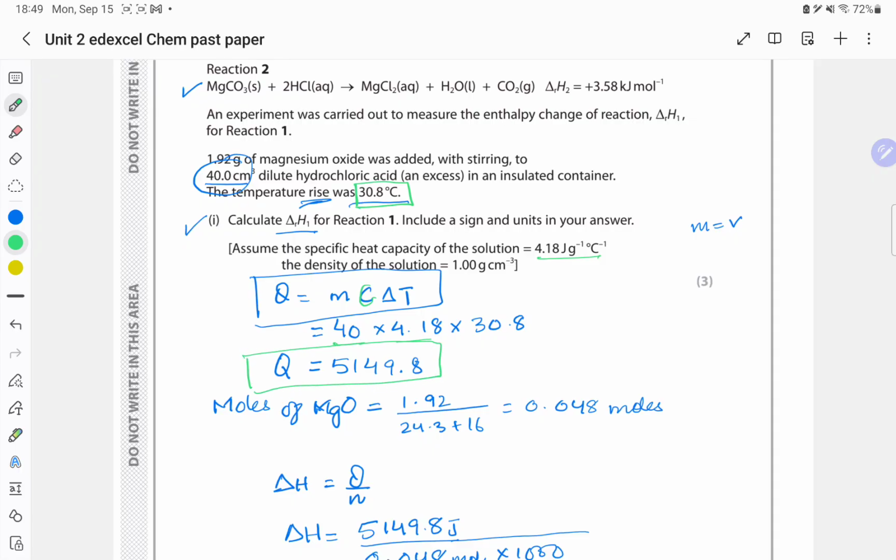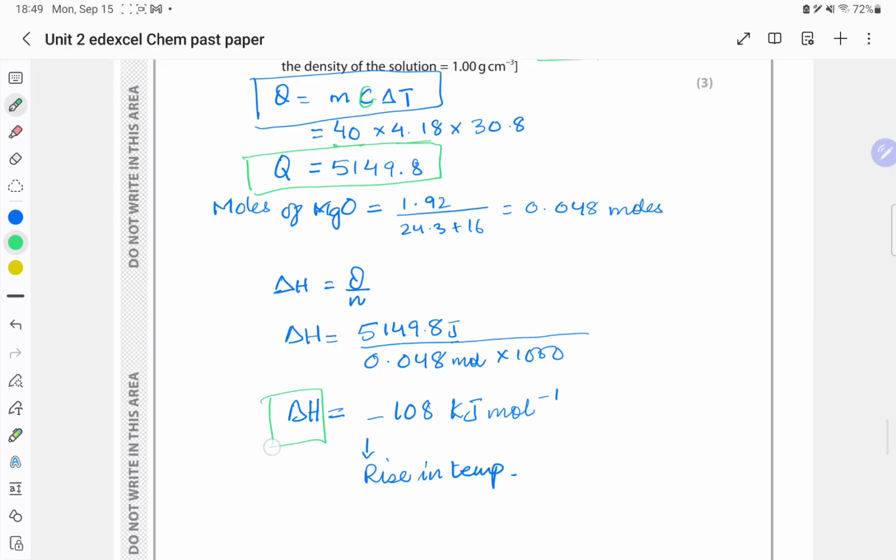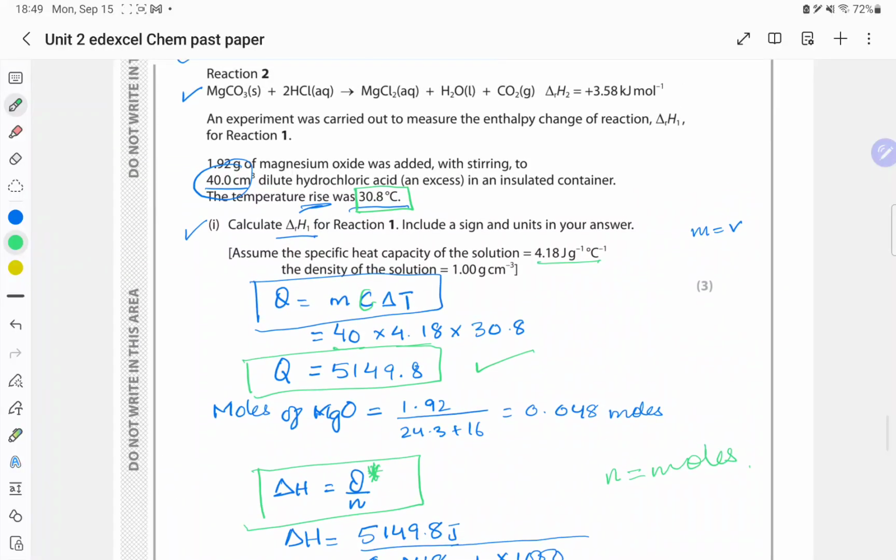Basically, we are trying to find the value of delta H. In order to do that, we have this formula. For this formula, we first have to find the value of Q, which we have already calculated, and n is the number of moles. How are you going to find it? The moles of magnesium oxide. It's very simple. The mass is given, 1.92 in the question.